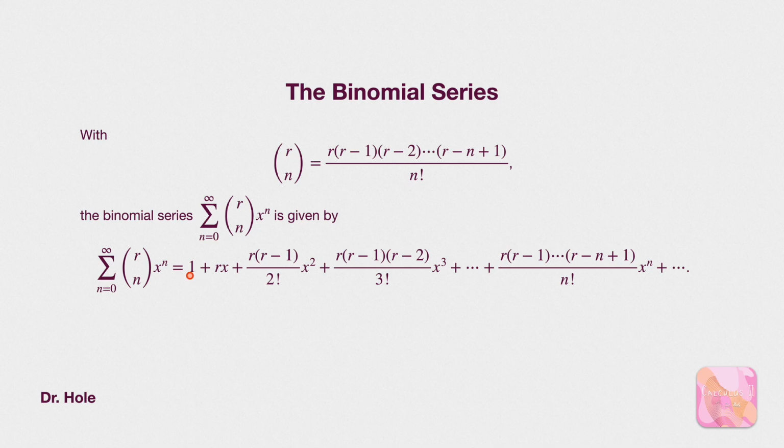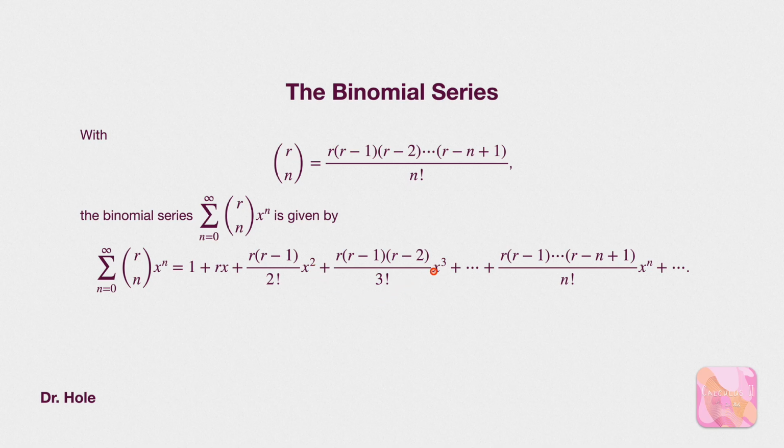We're going to always start with 1 as the constant, and then add r. Remember that r is the power on the binomial, multiplying x, plus take that same r, but now decrement it by 1, and then place that over 2 factorial as a coefficient on x squared.